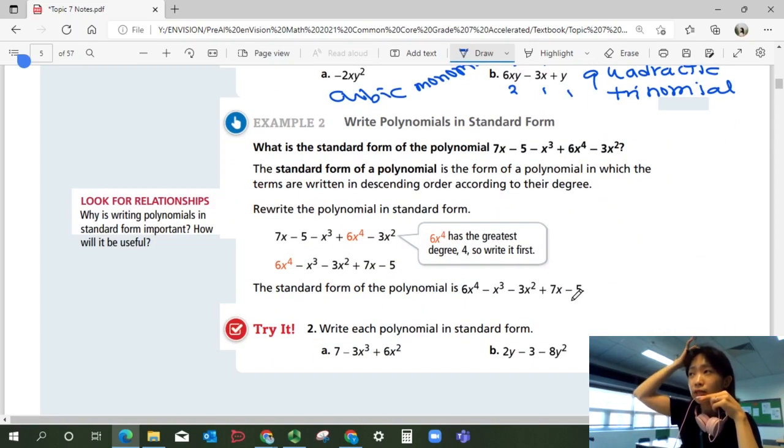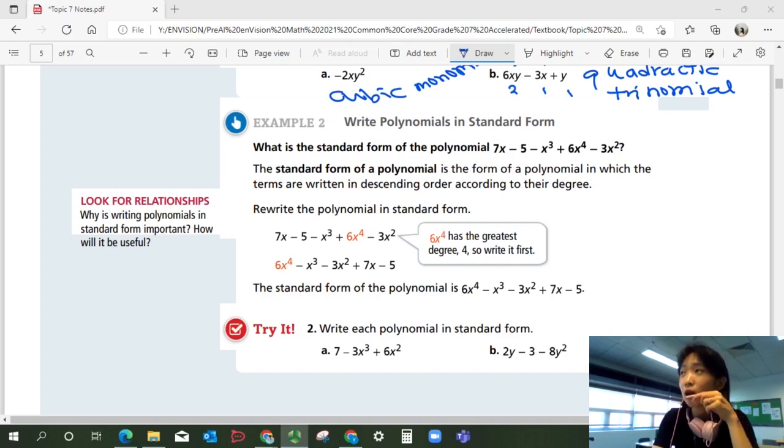All right, let's look at example 2. Write polynomials in standard form. What is the standard form of the polynomial 7x minus 5 minus x cubed plus 6x to the 4th power minus 3x squared? Wow, that's a long polynomial.